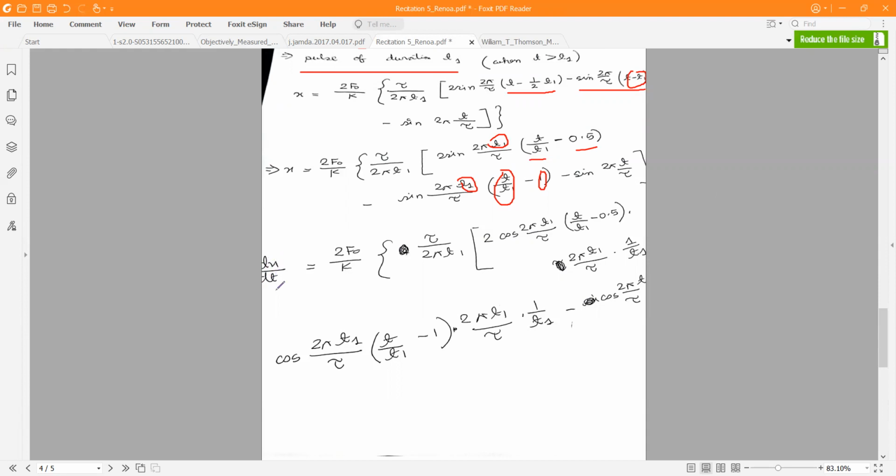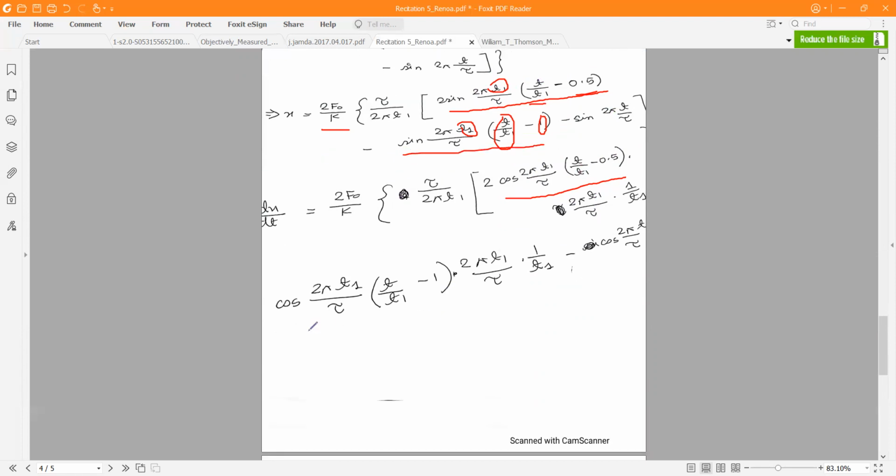Here dx by dt is equal to 2f naught over k tau 2 pi t1 times, for the first expression, using the chain rule, cos 2 pi t1 over tau (t minus t1 minus 0.5), multiplied by 2 pi t1 over tau into 1 over t1 since we're applying the chain rule.